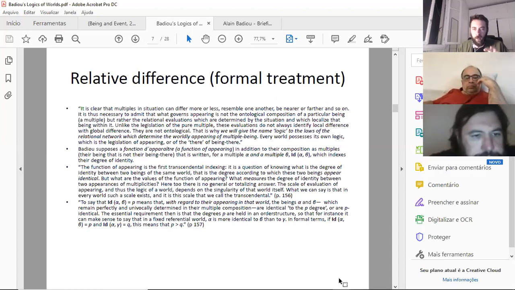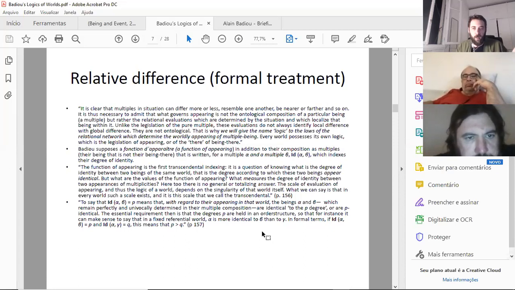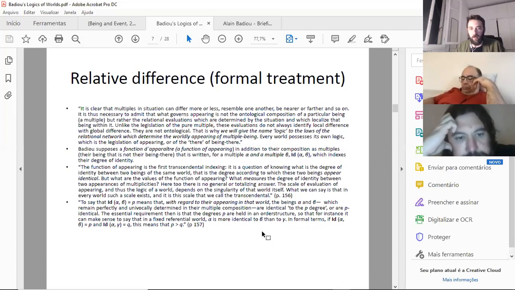For now, depending on what P is, let's say if P is something not in the world, a separate thing, a degree that comes from God knows where, then multiples A and B in a situation are not going to constitute a world, because you need this extra thing.